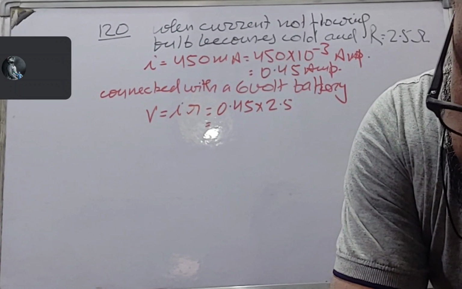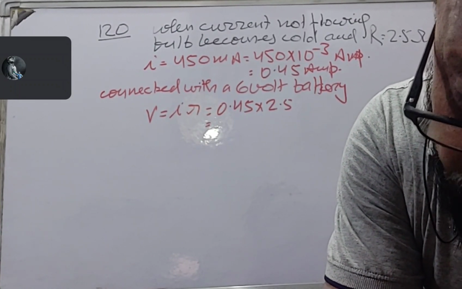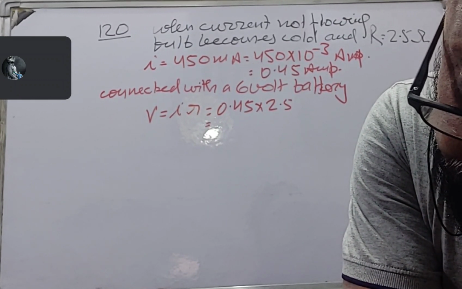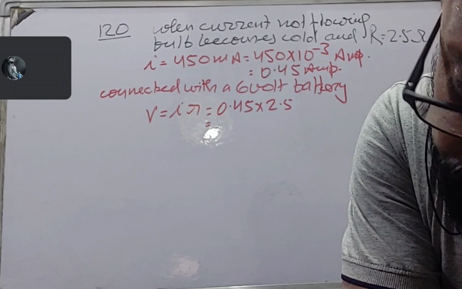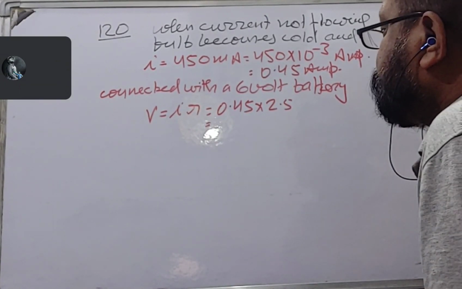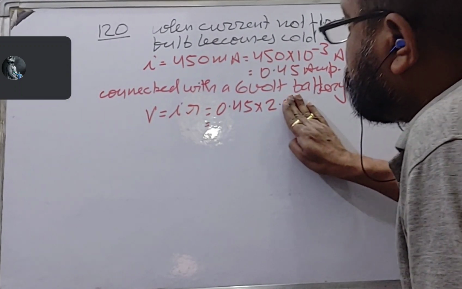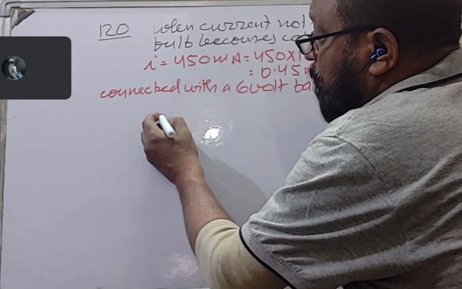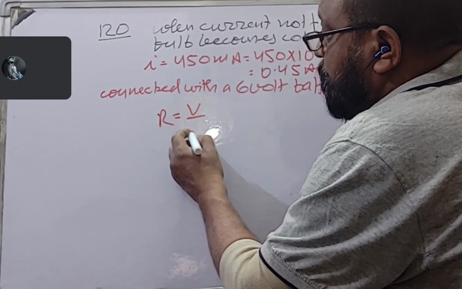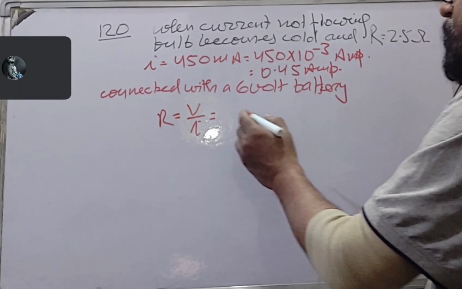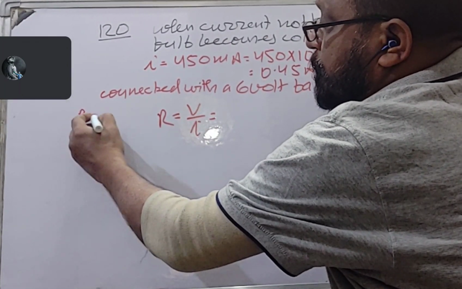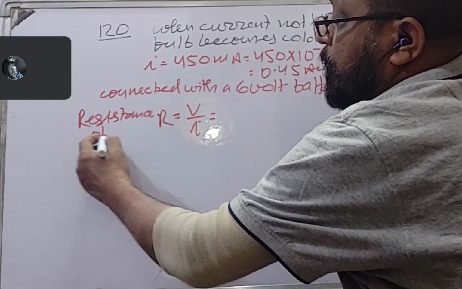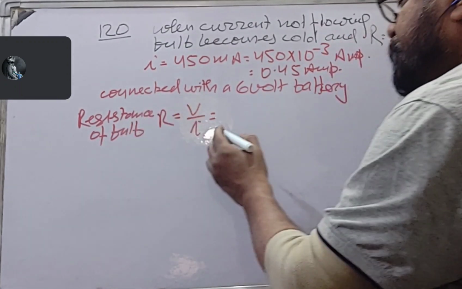Calculate the resistance of the bulb when glowing. Resistance we have to find out of the bulb. So R is equal to V upon I. So the resistance of the bulb is equal to this much.